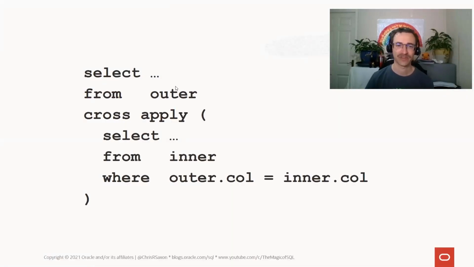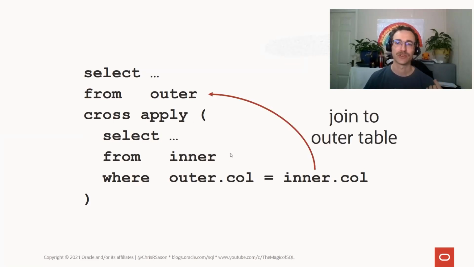We've got my outer table or outer query, cross-apply, we've got our view, and we can join to that outer table within the cross-apply. This is something you can't do with a standard inline view. You cannot do the join inside there.